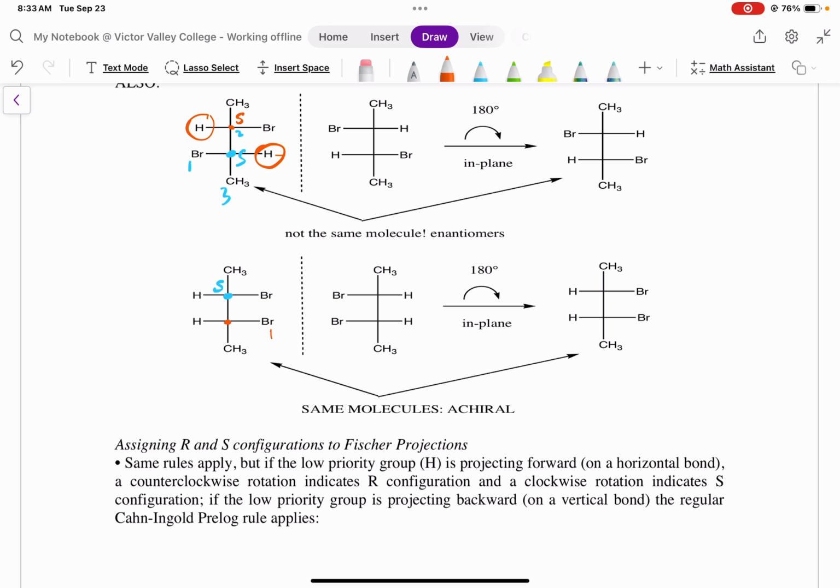It's 1, 2, 3. So you do 1, 2, 3, it looks like S, but it's actually R because hydrogen's towards the viewer. So you can think about it this way: 1S, 1R, everything else the same, cancel out.